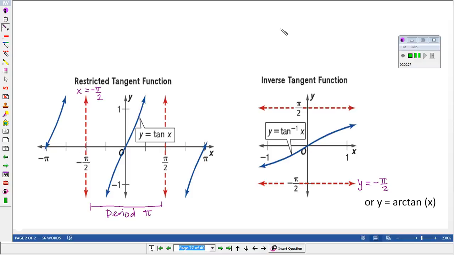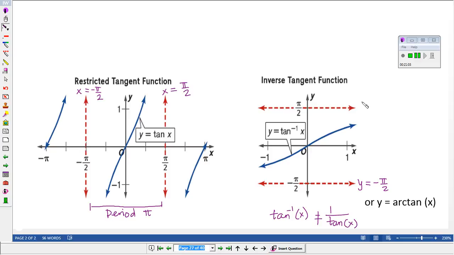So they are exactly the same. And make a note for yourself that the notation inverse tangent of x does not equal the reciprocal, 1 over tangent. The same thing goes for inverse cosine and inverse sine.